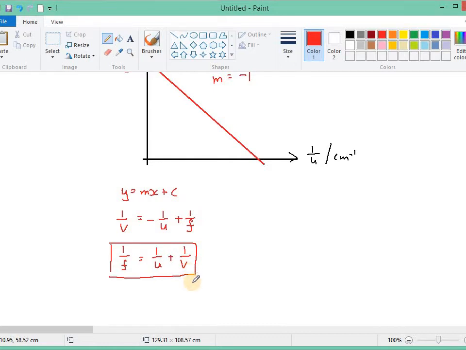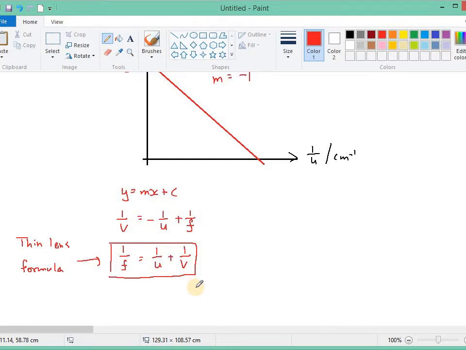One thing that is very good about this formula is that this is the thin lens formula. Another good thing about the thin lens formula is that not only can we find the image distance, but we can also determine the characteristic of the image from the information in this formula.